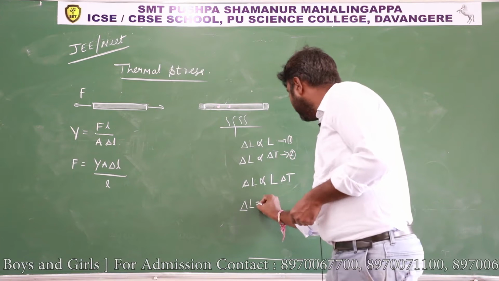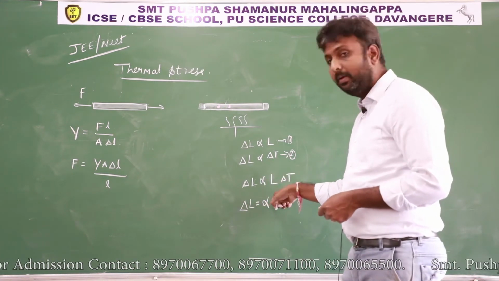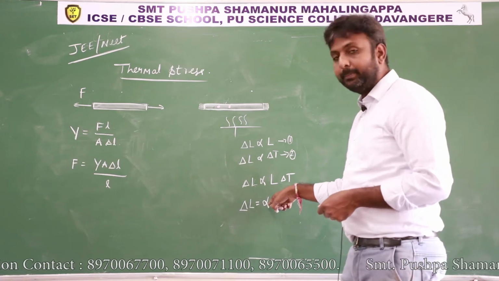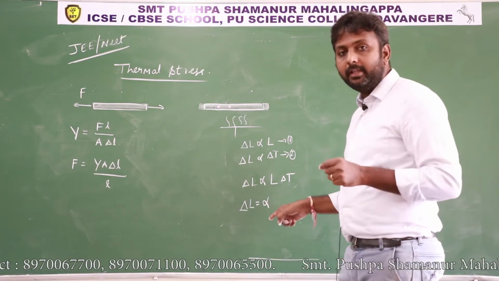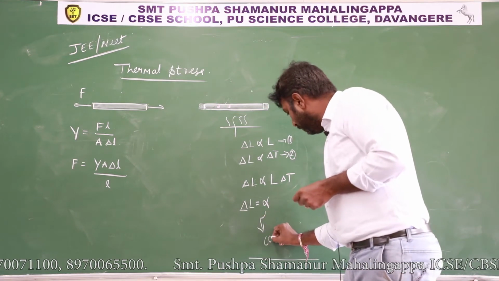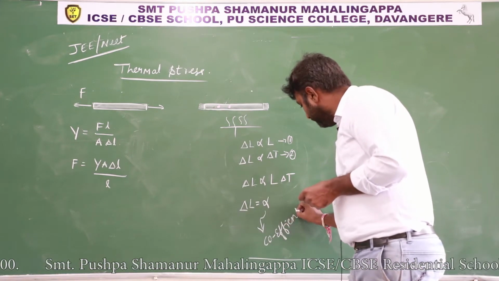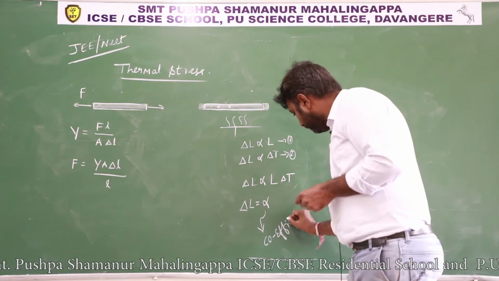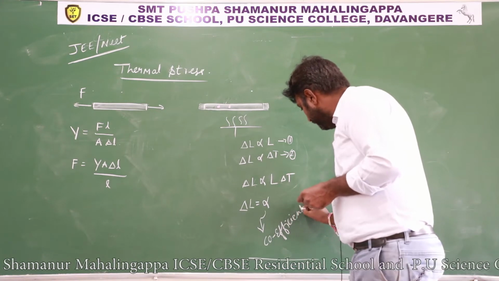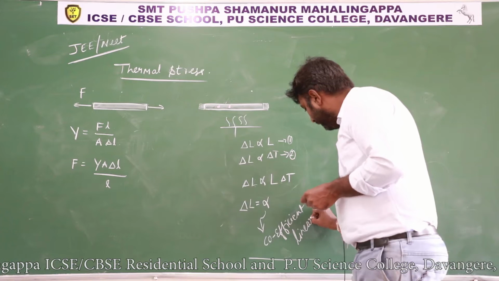That constant is called alpha. This is the proportionality sign, and now I am introducing the proportionality constant, called alpha. This alpha is called the coefficient of linear expansion.